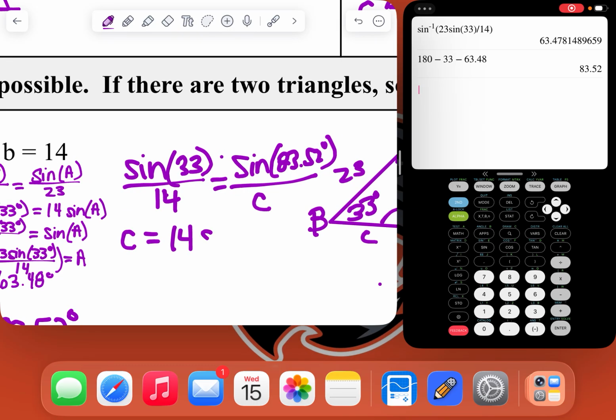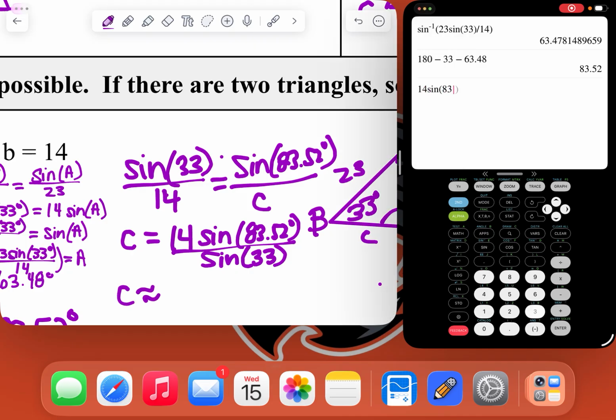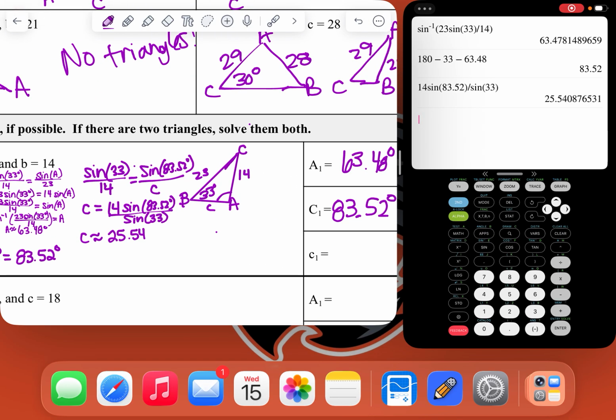So C is going to equal 14 times the sine of 83.52 divided by the sine of 33. So we're going to get 25.54 approximately for the length of side C in triangle number 1.